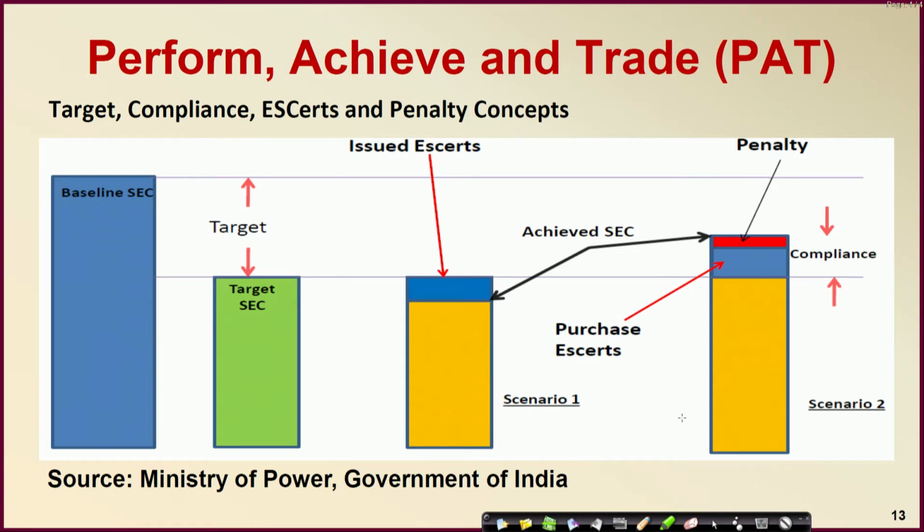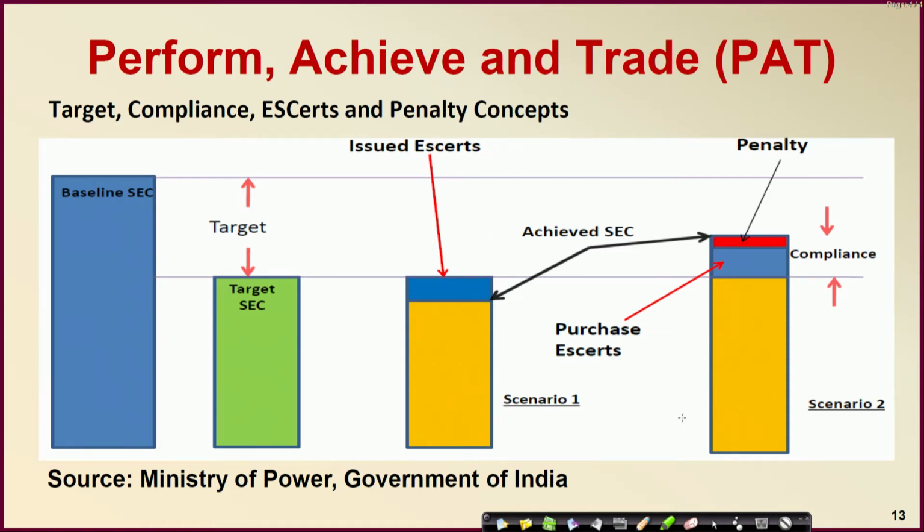Now, later on we shall see that even companies can have certain different decision alternatives. What are the decision alternatives? One decision alternative, particularly for the coal sector, is that they can use cleaner coal. You see, there are different grades of coal available.